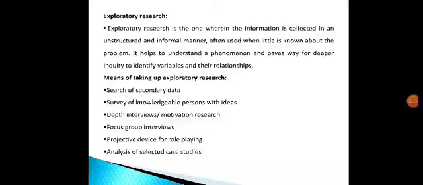Basically, it is the one wherein the information is collected in an unstructured and informal manner, often used when little is known about the problem. The important aim of exploratory research is to find the most likely explanation, find new ideas, or define the problem so that it may be solved by conclusive research.